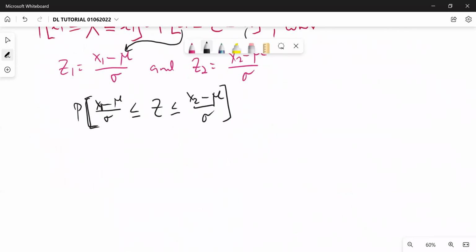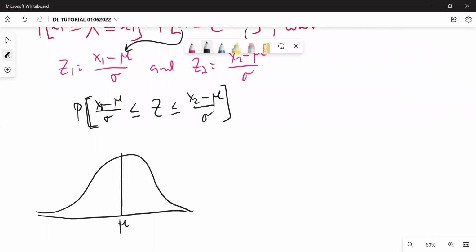So basically what we're talking about is this area. Let's say this is mu. Let me just pick a value for convenience. Let me pick x1 there and x2 there. This is the area we're talking about in that scenario. We're saying that that is the same as this area here.